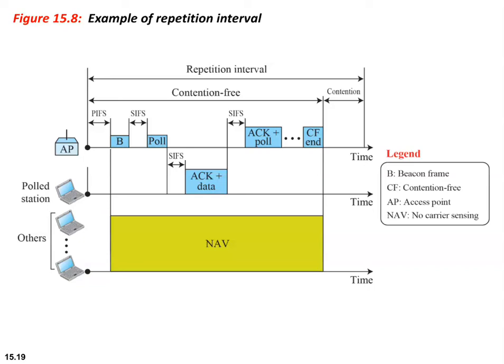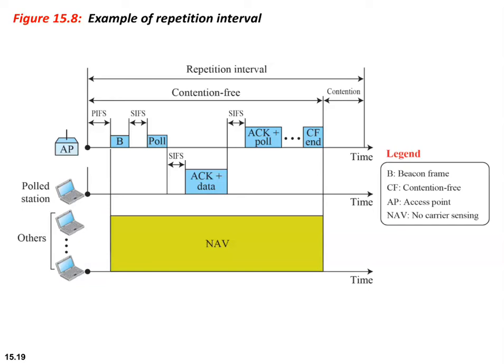So what it does here, this uses a polling method. It is said to be a polling method. So the access point performs polling for the stations that are capable of being polled. As you have seen, it is a controlled access method.